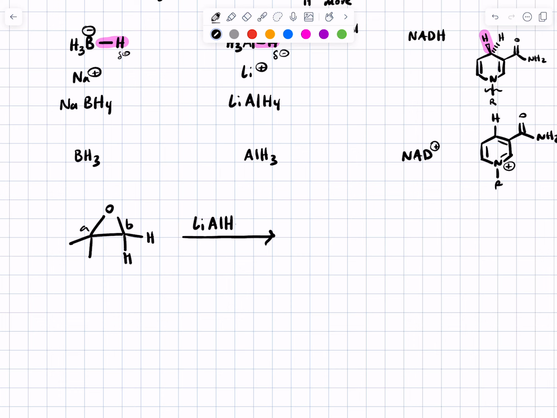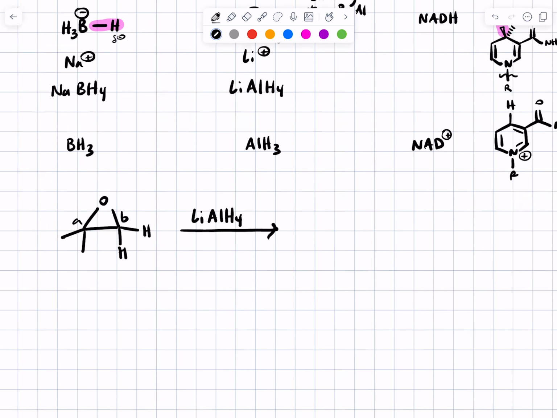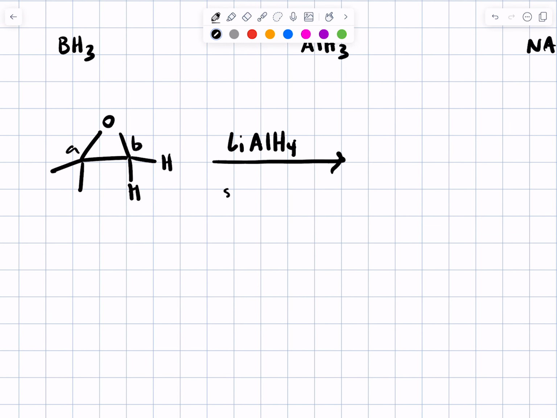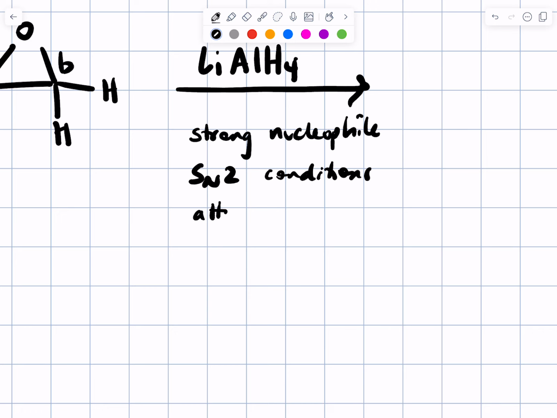If you use lithium aluminum hydride as the reagent, we're going to treat this like a strong nucleophile. It's going to open up an epoxide under SN2 conditions. And because we're opening the epoxide under strong nucleophile conditions, not acidic conditions, the nucleophile will attack at the less substituted carbon, like we learned in Chapter 10, and that's because of sterics.